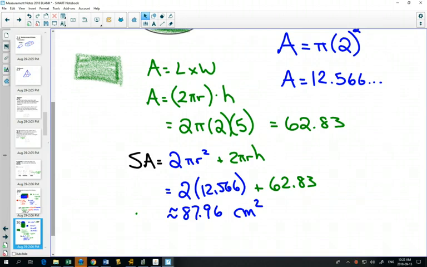A 2 centimeter radius would be a circle about like that. A 5 centimeter height would be about like that. That's like maybe, I don't know, how many of you like to bake or cook at home? It looks a little bit bigger than a tomato paste can. Tomato paste comes in a smaller can, not quite as big as a soup can.